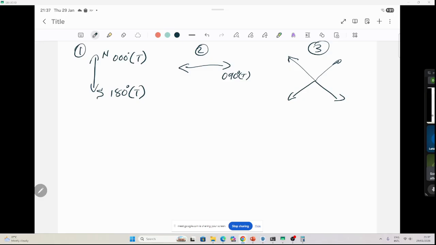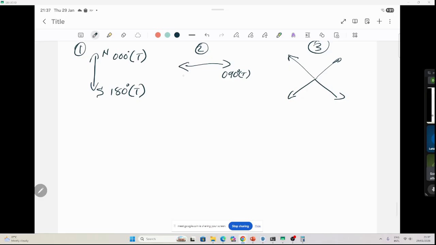And going westerly, it is going to be 270. Yes.